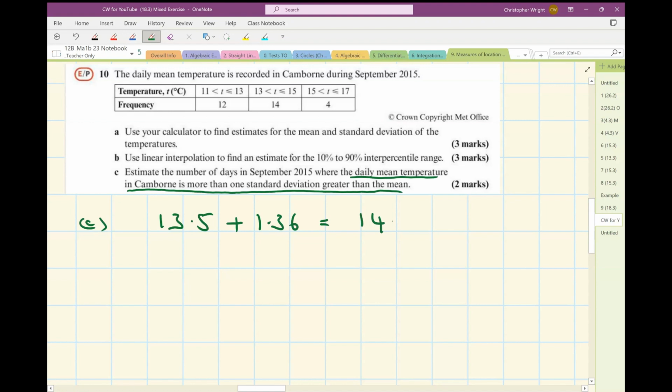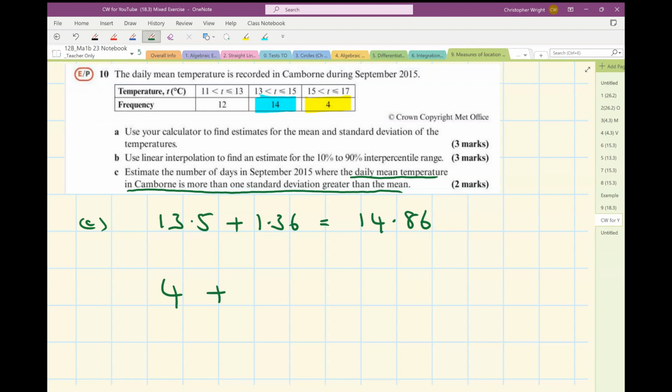So if a day is going to be hotter than one standard deviation greater than the mean, it needs to be hotter than 14.86. So how many days do we reckon, looking at the table, had a temperature greater than 14.86? Well, clearly those 4 days had a temperature greater than 14.86. That's 4 days already, plus a fraction of these 14 days. Now, what fraction of those 14 days?